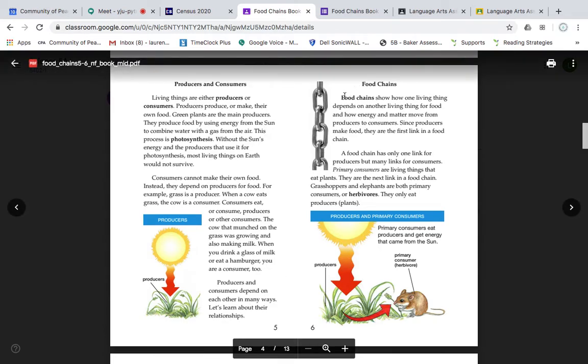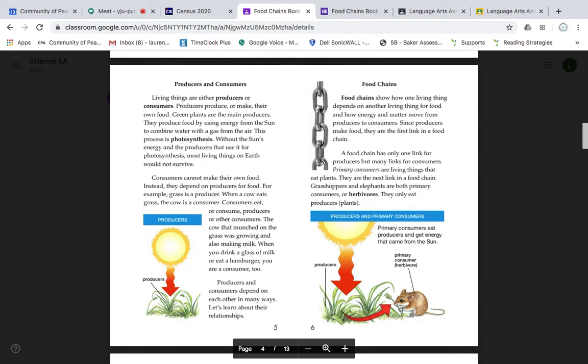Food chains. Food chains show how one living thing depends on another living thing for food and how energy and matter move from producers to consumers. So, for example, from producers like grass to a consumer like a mouse.